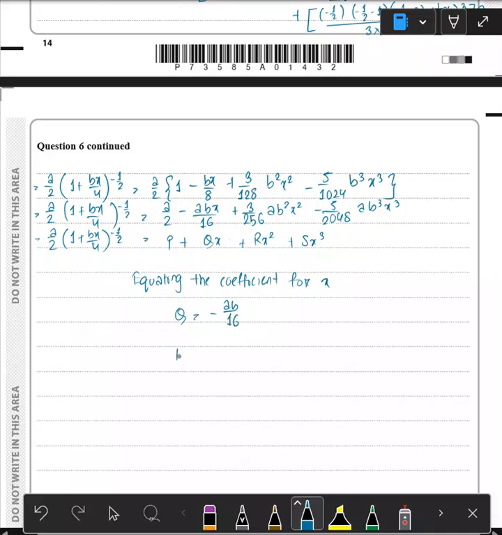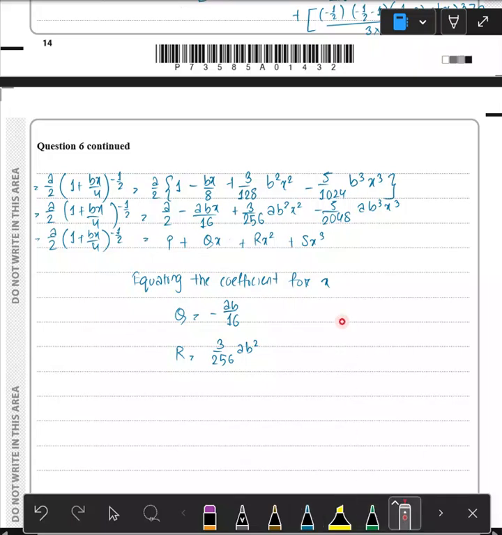The coefficient of x square is r here, and here it is 3 by 256 ab square.